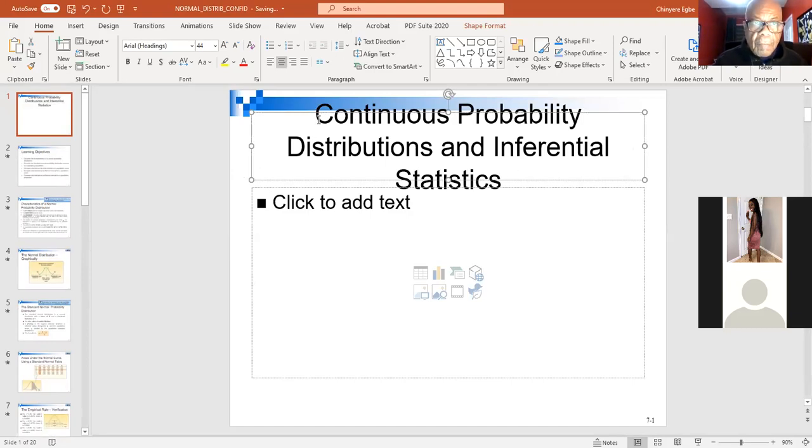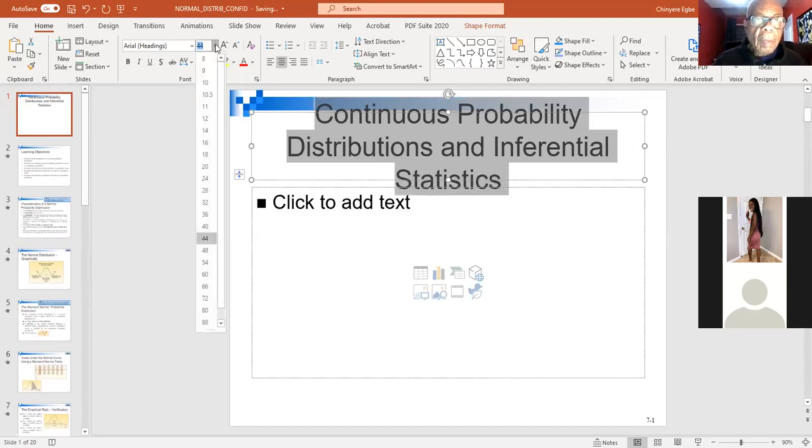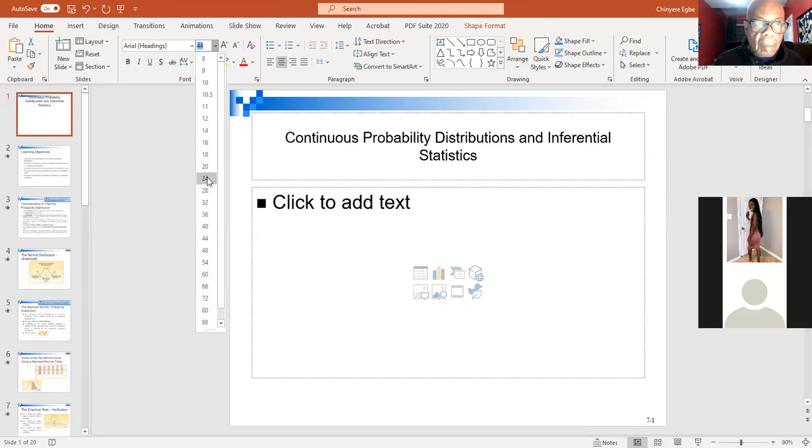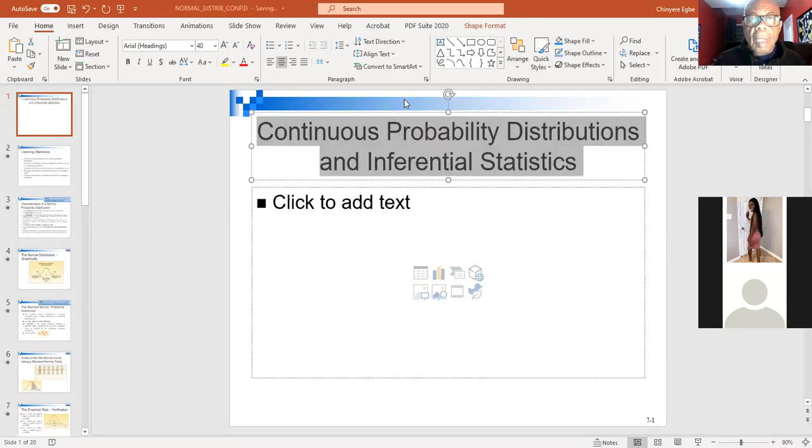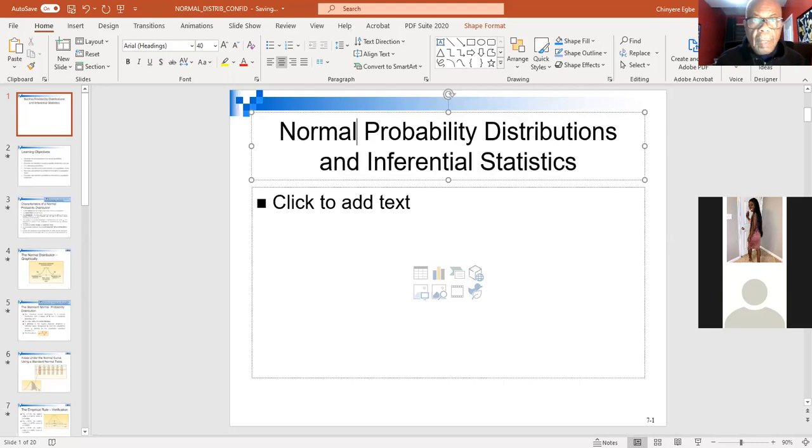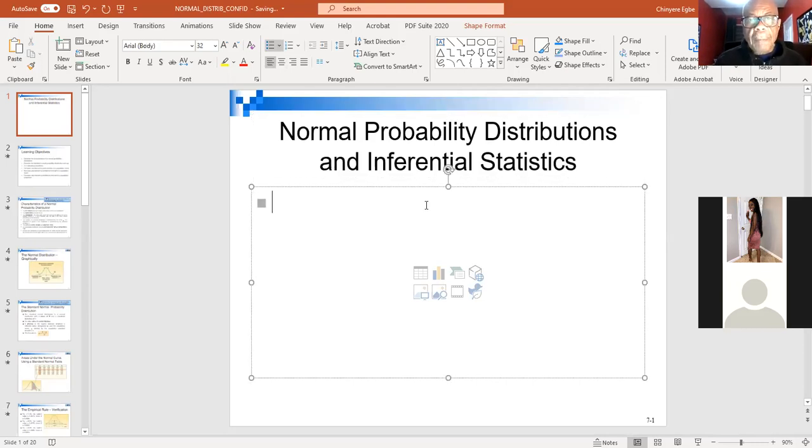And like I said, we've already talked about... As a matter of fact, I'm going to use the normal probability distribution because, all right, the normal probability distribution is the foundation of inferential statistics. Okay. I mean, at our level. The foundation of inferential statistics.